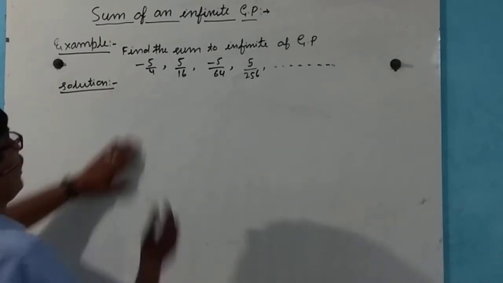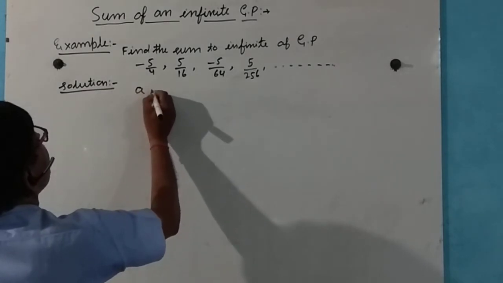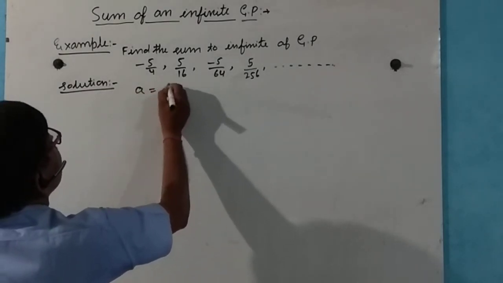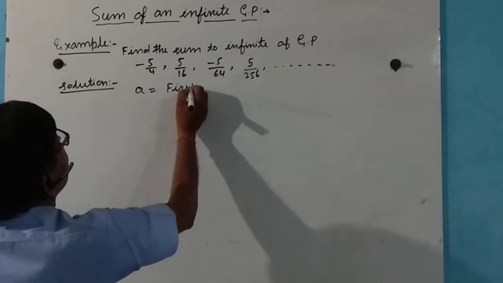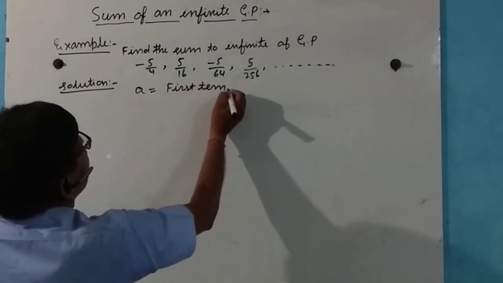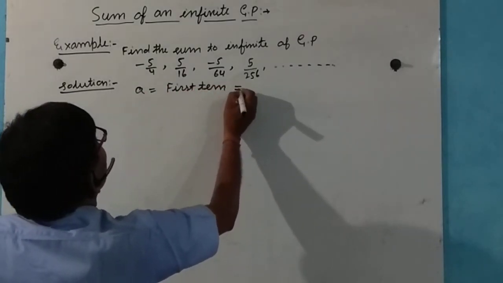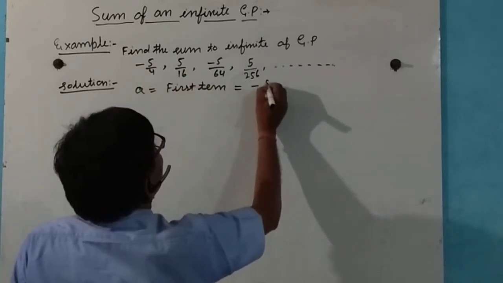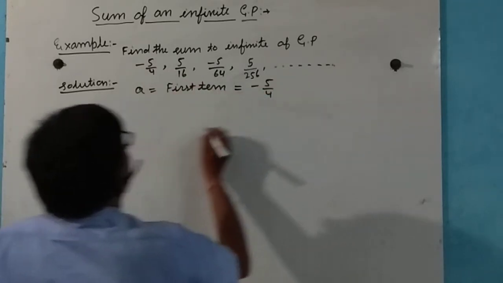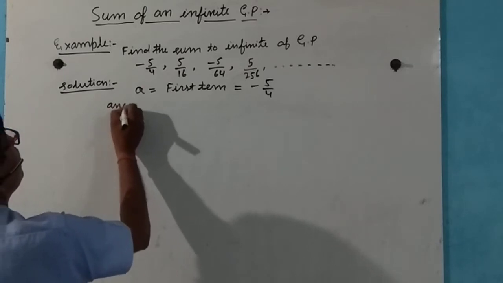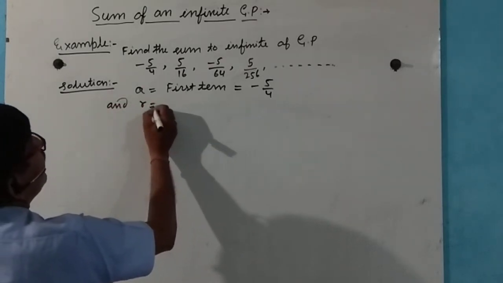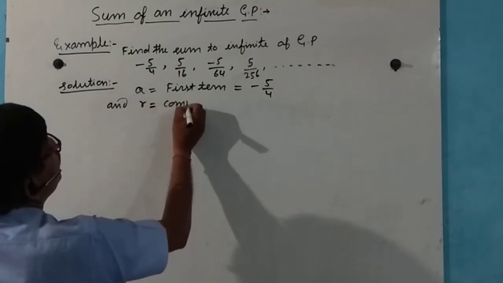Here the first term A is equal to minus 5 by 4, and R is the common ratio.